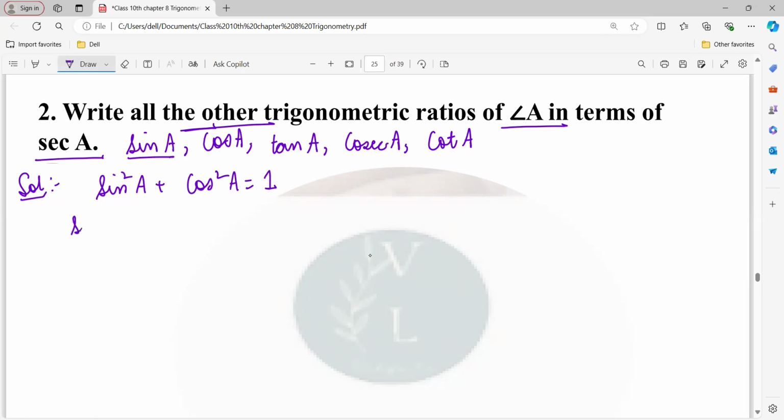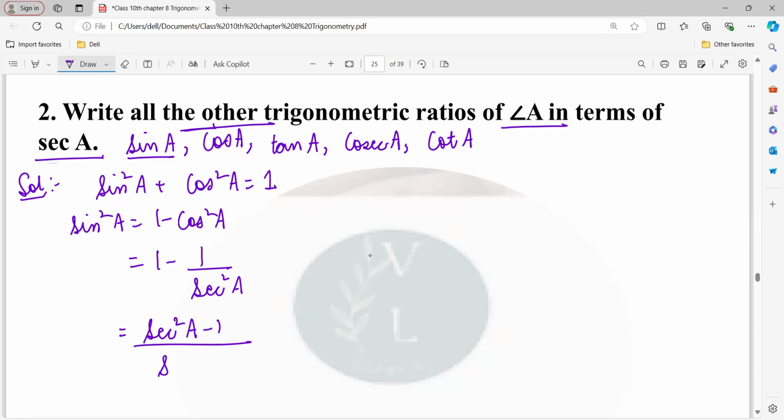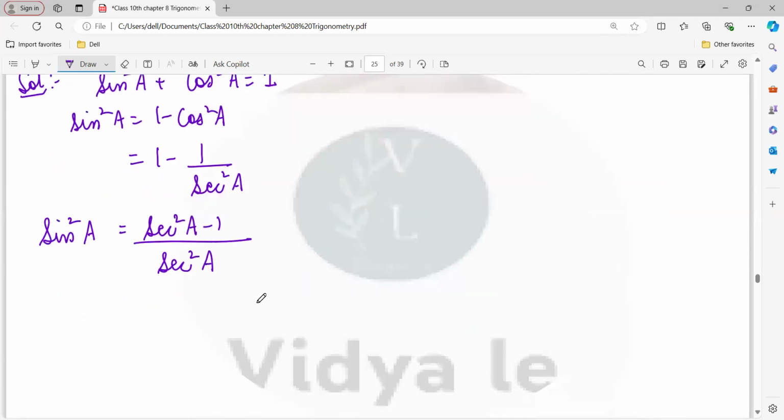So sine square A is 1 minus cos square A, and cos square A is 1 upon secant square A. Now we will solve it. It will be secant square A minus 1 upon secant square A. So we got the value of sine square A in terms of secant square A.